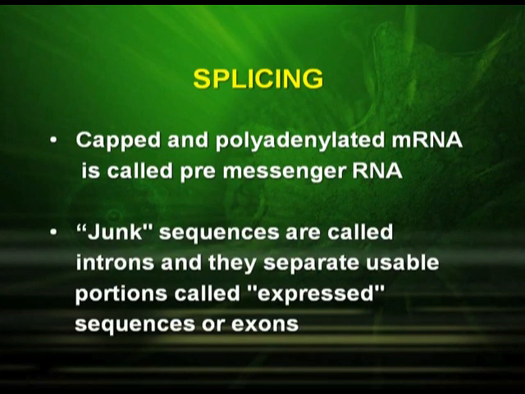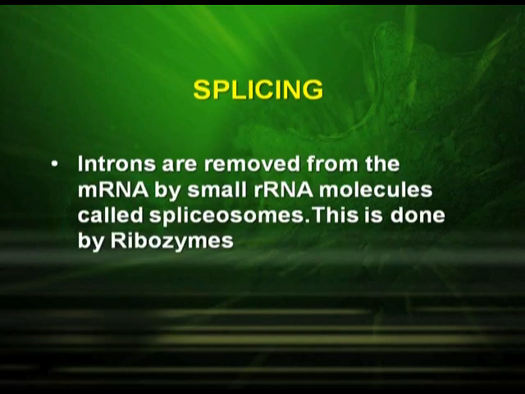The introns that we have seen are the junk sequences, and they separate usable portions which are the expressed ones, that we call the exons. So, it is now necessary to remove the introns and get the functional RNA, and this process is called splicing. This is done by ribozymes.